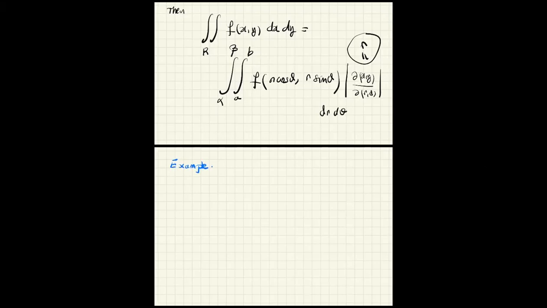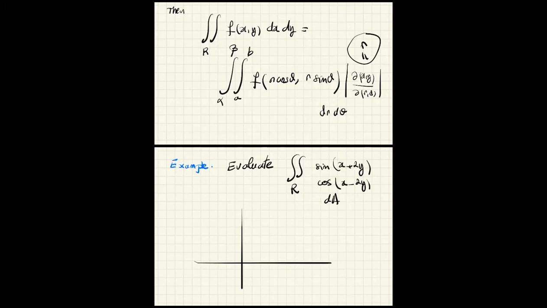So another example would be this one. Evaluate. I'm just going to give you the answer. Evaluate the integral of sine of (x plus 2y) over cos of (x minus 2y) dA over the region, this is 2 pi and this is pi, and we are on the y-x axis.